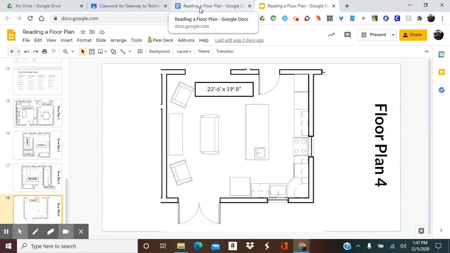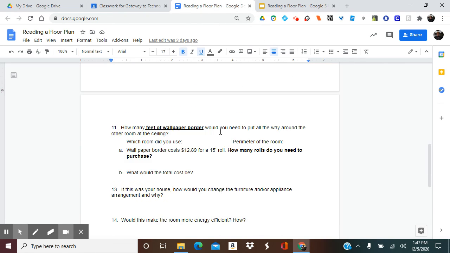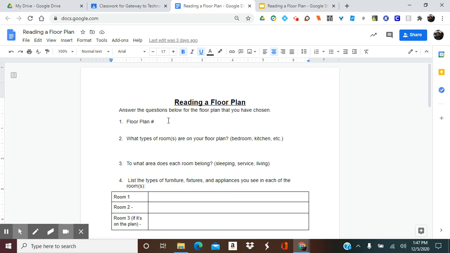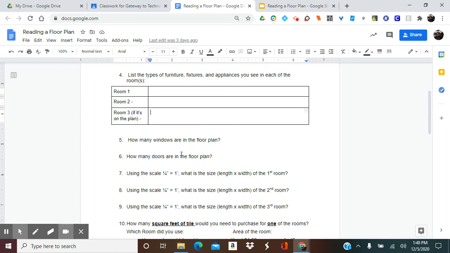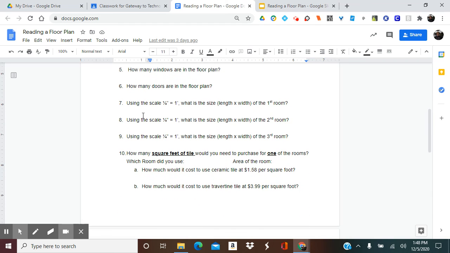All right. And you're going to go to the worksheet and you're going to list the floor plan that you have, what types of rooms are on your floor plan, living, sleeping, or service area, which we talked about before, and then what type of furniture is in there based on those pictures. Some of you won't have a room 3, and that's fine. You're going to count your windows and your doors, and then you're going to use the scale ruler, which I've already given you.